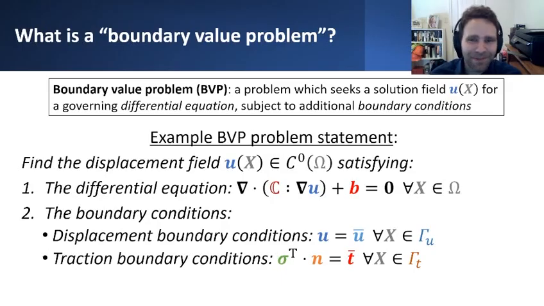Find this displacement field which satisfies some governing differential equation, such as the elasticity equations in this particular example, and which also satisfies some prescribed set of boundary conditions. And that can comprise displacement boundary conditions, direct constraints on the displacement field itself, or traction boundary conditions, which are somewhat indirect constraints on the value of the exposed components of stress on some portion of the boundary.